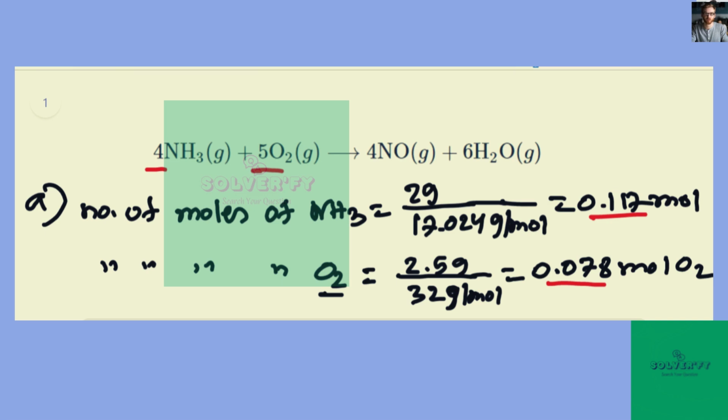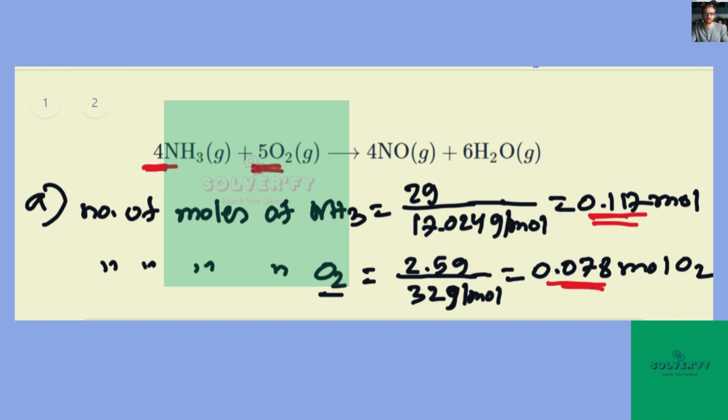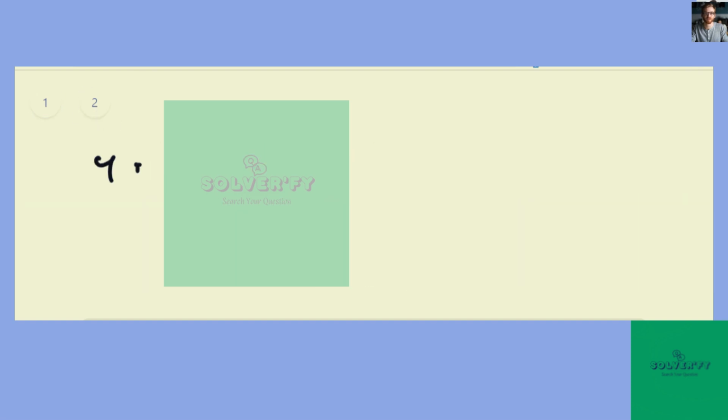So that means we need more oxygen than ammonia in the balanced reaction.